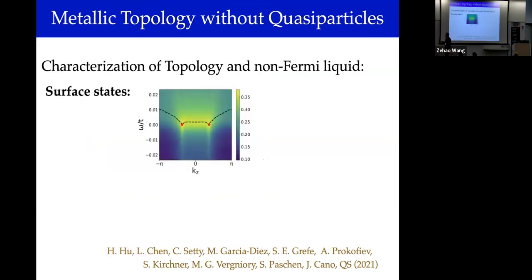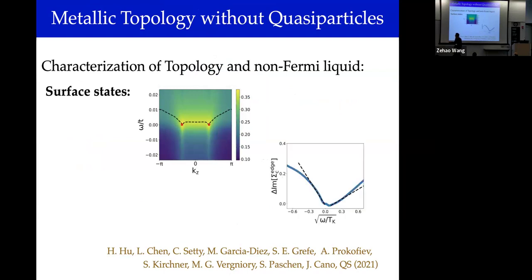This being a setting where we are looking for topology, how do we do that? We can calculate what happens when there's a surface. And so the Fermi arcs were very well explained by both Antoine and Suyan yesterday and today. And so we see Fermi arcs, except that they are extremely broad.